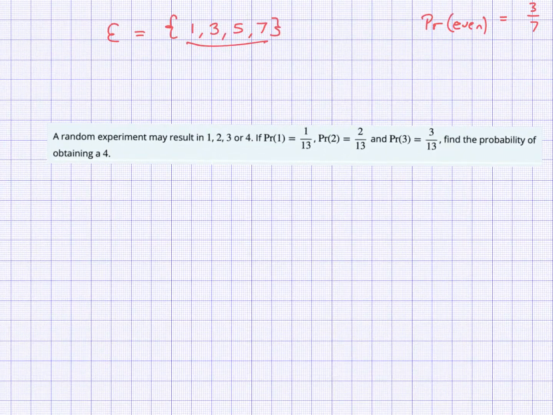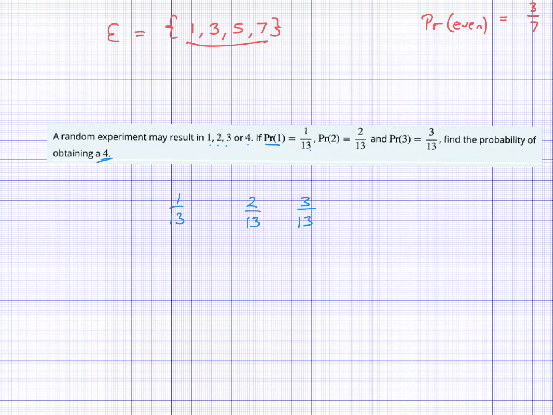This question here: a random experiment may result in a 1, 2, 3, or 4. We don't know which, but we know that those are the outcomes. If the chance of a 1 is 1 in 13, the chance of a 2 is 2 in 13, the chance of a 3 is 3 in 13, what is the chance of a 4? Now we're going to think about this logically. If I do an experiment, something has to happen, doesn't it? I have to pull a 1, a 2, a 3, or a 4 out.